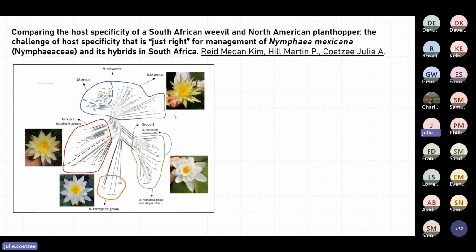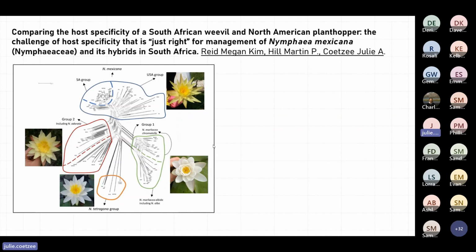And Megan did a lot of genetic work on the Mexican water lily in South Africa and found that we have a couple of groups that will be challenging for classical biological control, because how do we know that an insect that has evolved on Nymphaea mexicana in the US is going to be suitable for a hybrid that is made up of mexicana and Nymphaea odorata, for example?